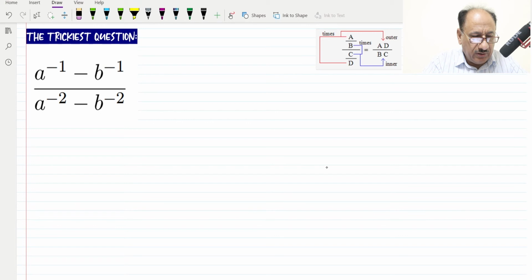Now we will be solving this question, which is a raised to the minus 1 minus b raised to the minus 1, divided by a raised to the minus 2 minus b raised to the minus 2.